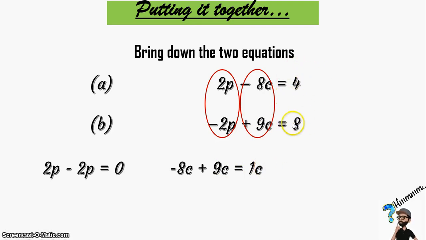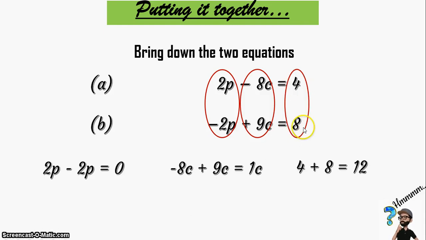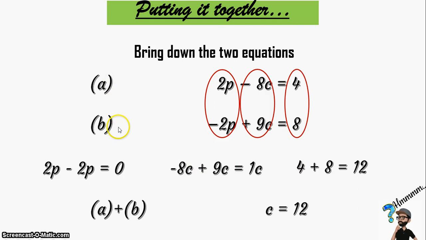Why are we using plus? Of course, there is no sign. Whenever you don't have a sign, that's plus. 4 plus 8 gives us 12. So this equation plus this equation would give us C equals 12.